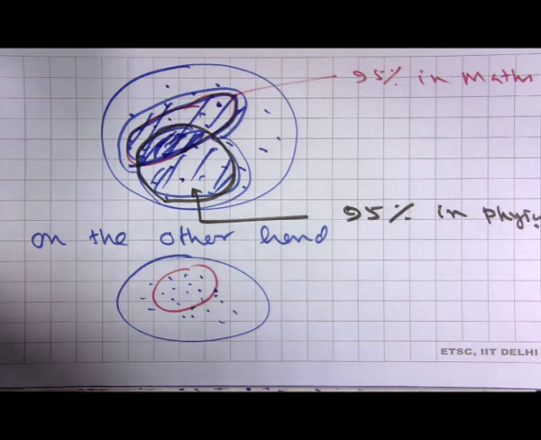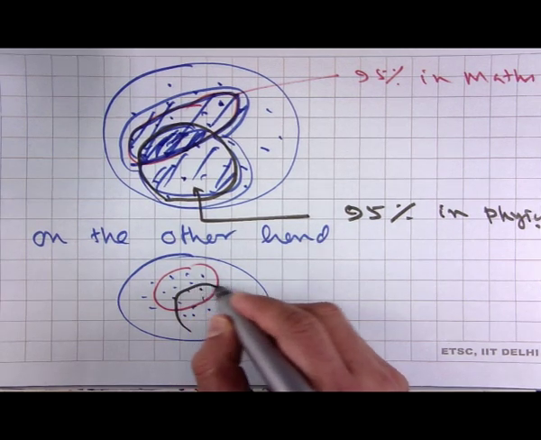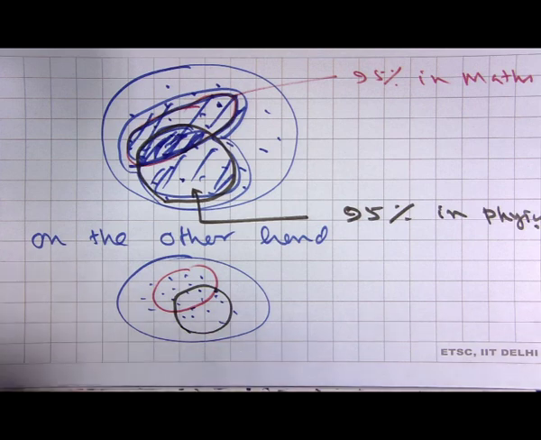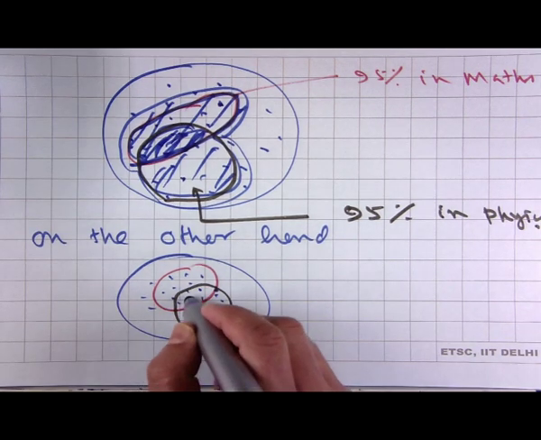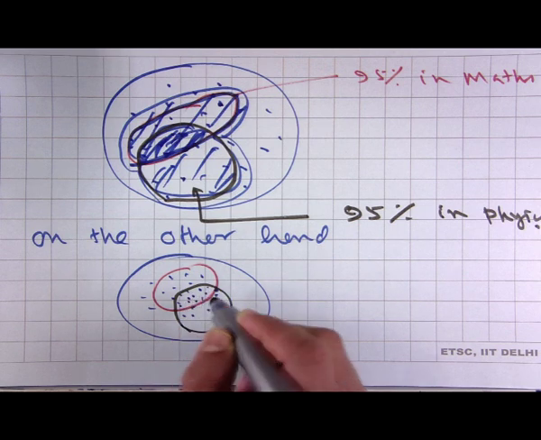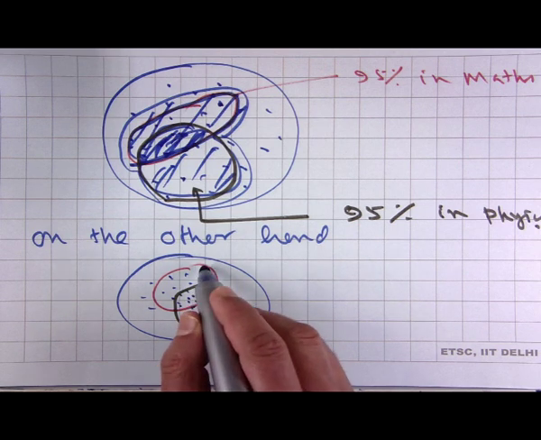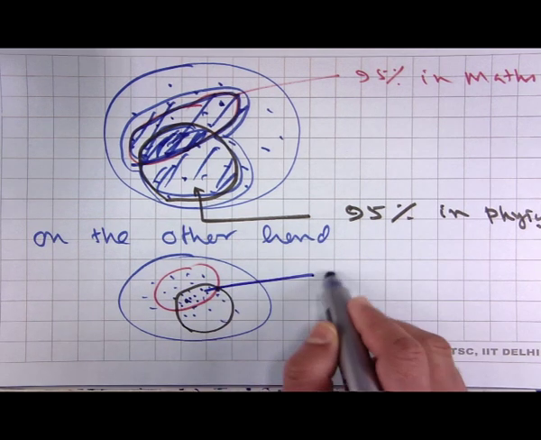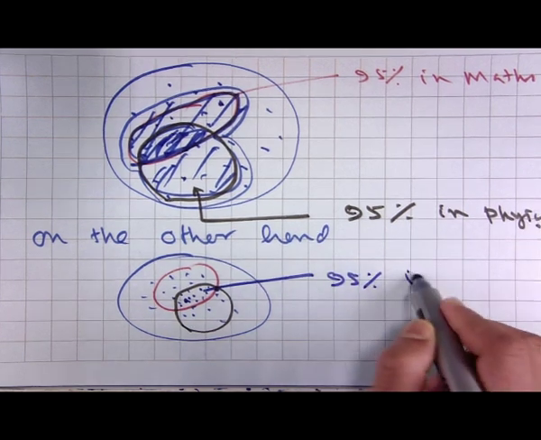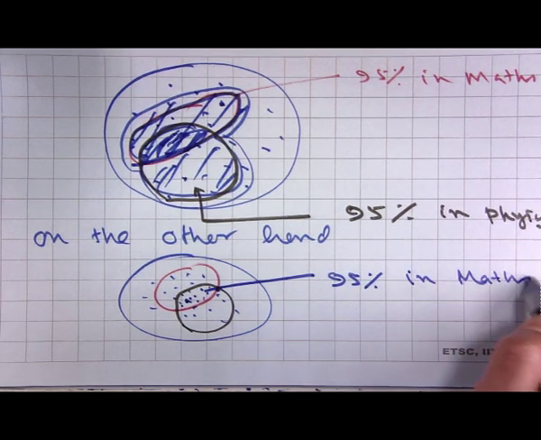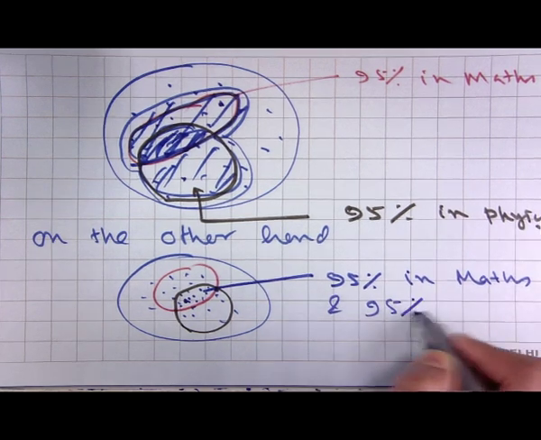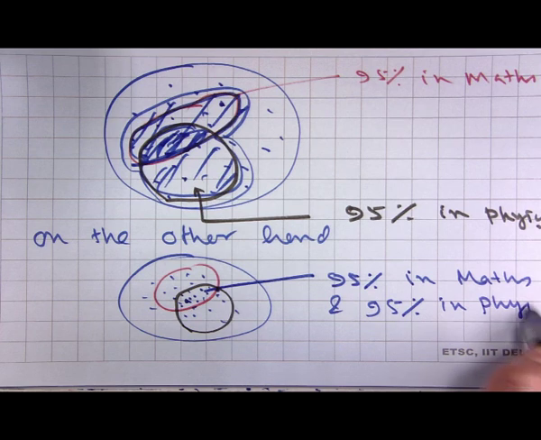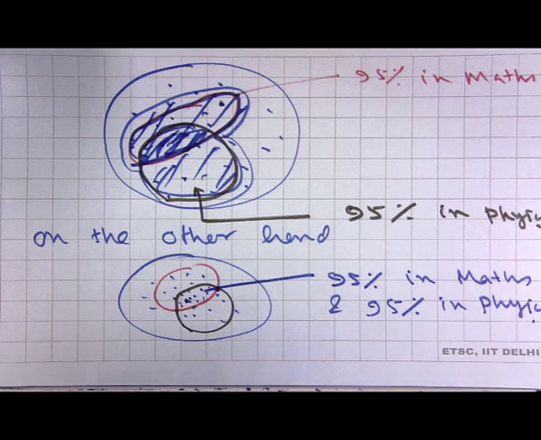So, if I draw them like this, the students who will get prize, that truth set, belong only to the intersection of these, that means those for which both the statements are true, that is they have got 95% in both. So, that is how the truth values of and, or are determined.